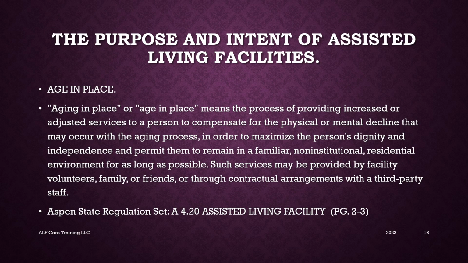One of the main goals that you will remember during this course is to age in place. That's very important. I feel like it's the main purpose and intent of an assisted living facility.